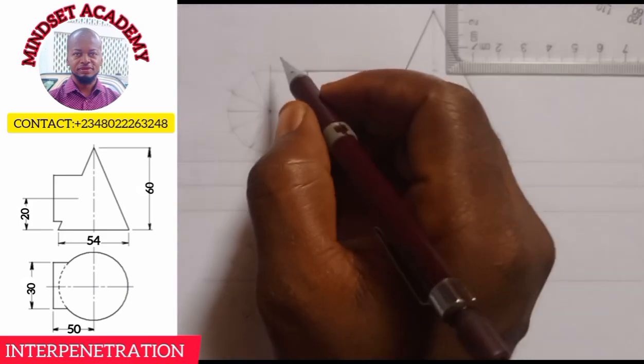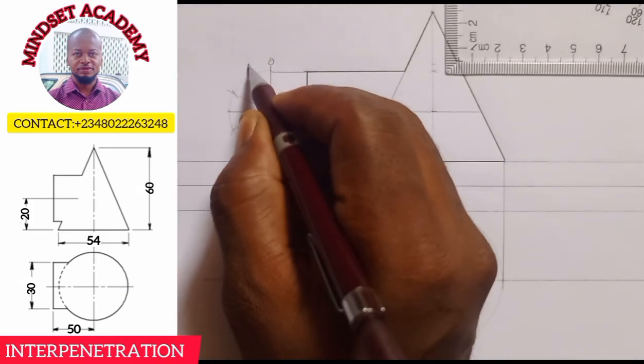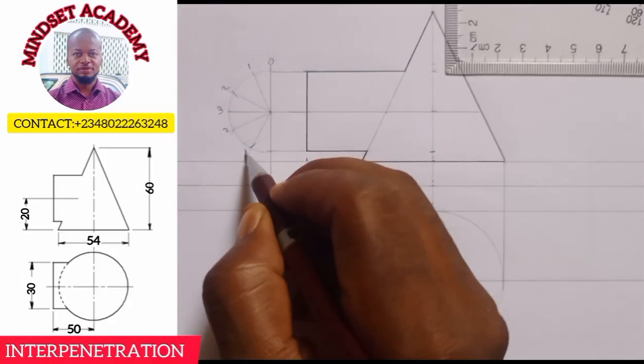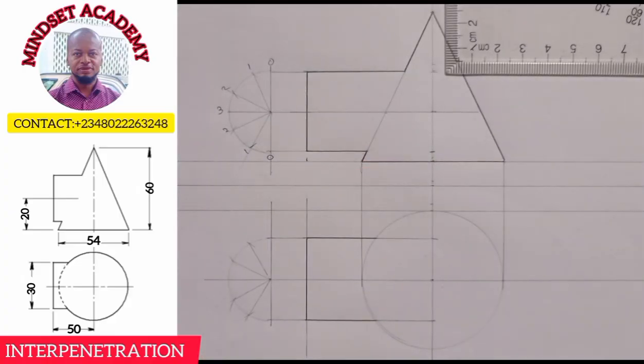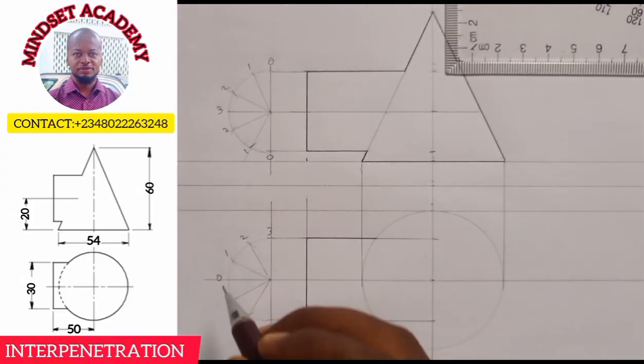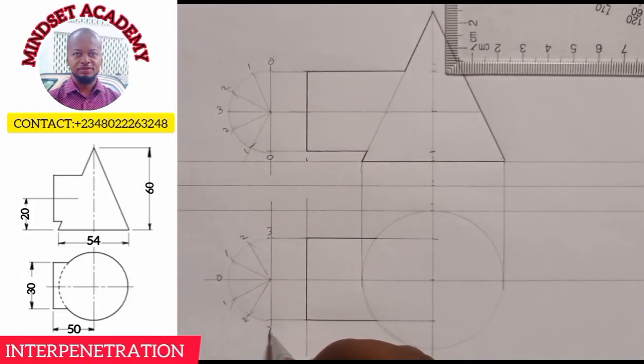So I'll say here should be 0, 1, 2, 3, 2, 1, 0. And here should be 3, 2, 1, 0, 1, 2, 3. Hope you can see that.